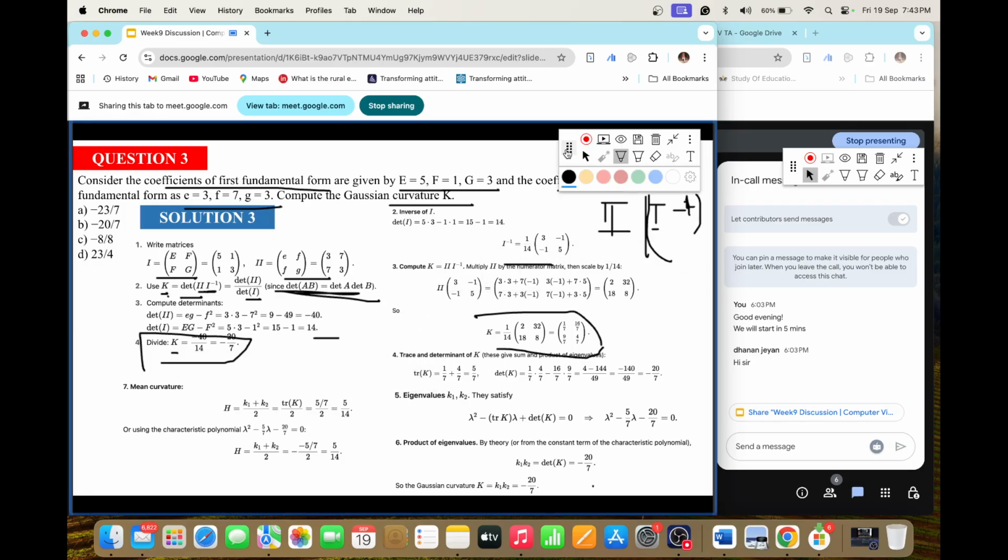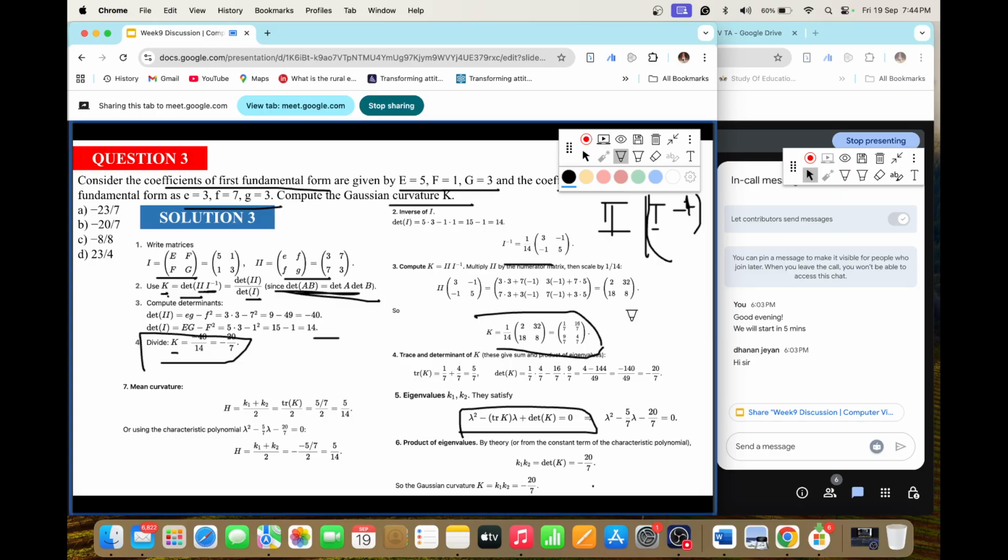To calculate K, it is better to calculate the eigenvalues, or just form the characteristic equation. What is the characteristic equation? The determinant of A minus lambda I equals 0. This is your A matrix, and lambda I is your identity matrix with lambda.